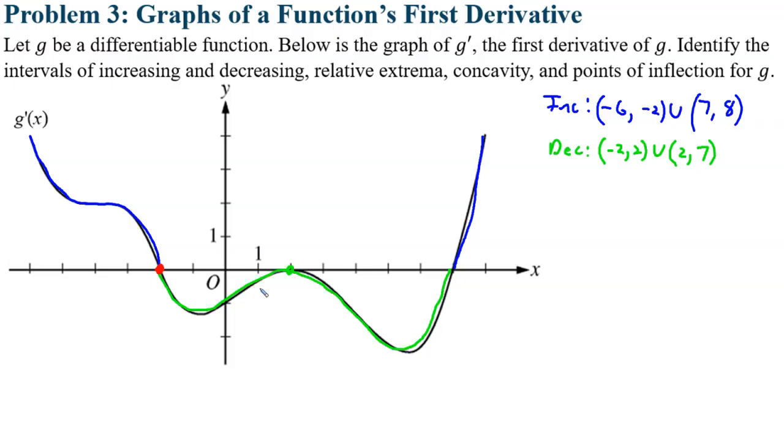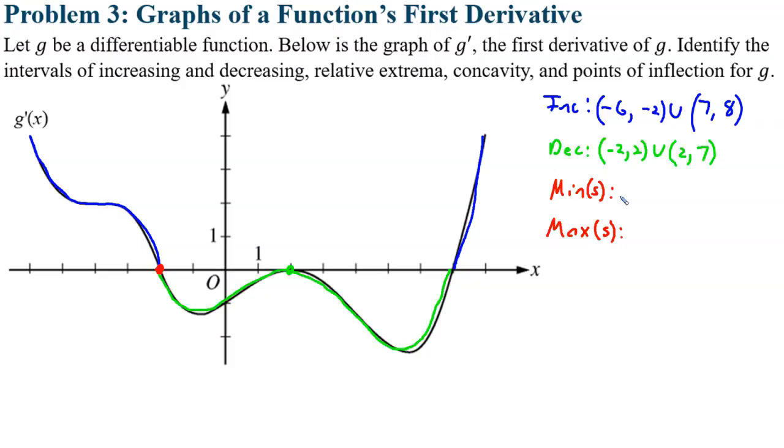All right, next up, let's talk about the relative extrema, the min or mins, depending on what we have, as well as maximums. Okay, now a function is going to take on a relative minimum when it goes from decreasing, turns the corner, comes up increasing.